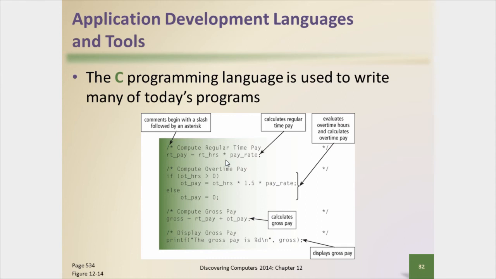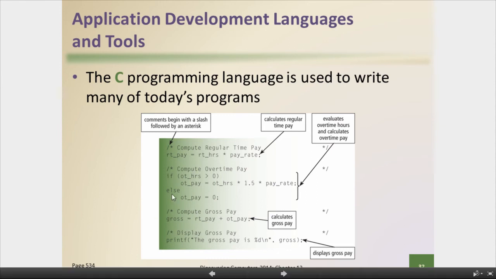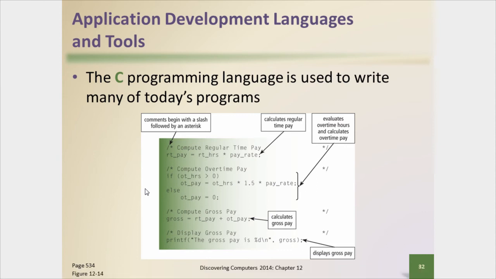So it's calculating, in this case, our regular pay. We can do overtime pay, we can do gross pay. So we've got all this information in, and even though you don't necessarily understand the language per se, you can generally get a pretty good idea of what is going on by reading it because it's a higher level language.